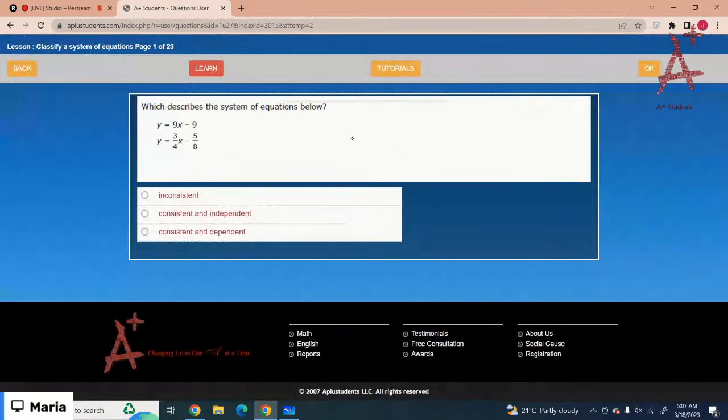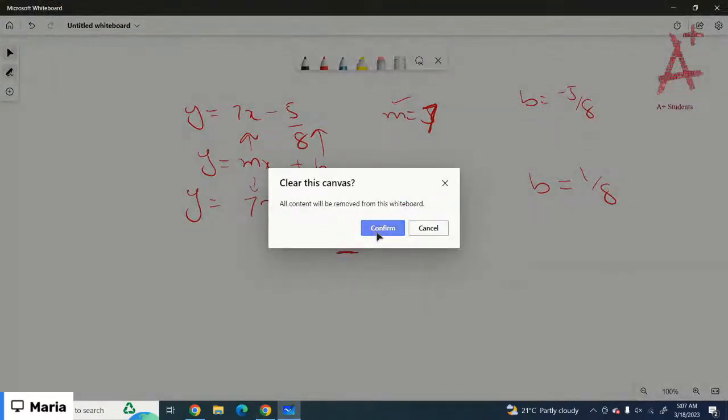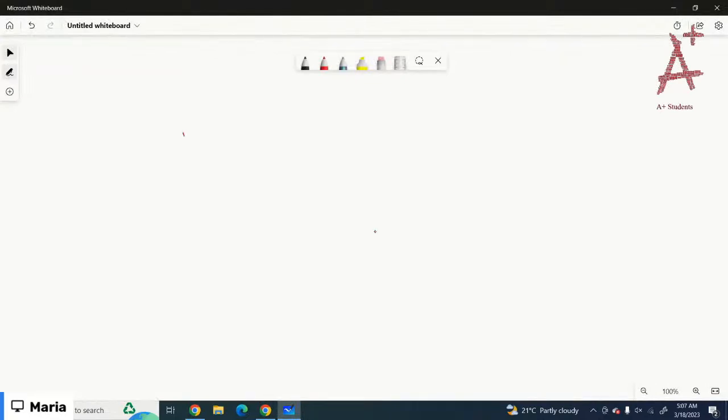Okay, y equals 9x minus 9 and y equals 3 over 4x minus 5 over 8.